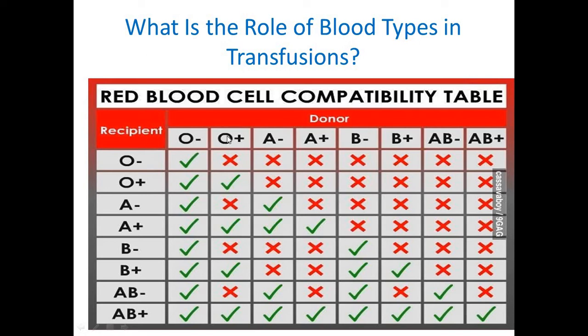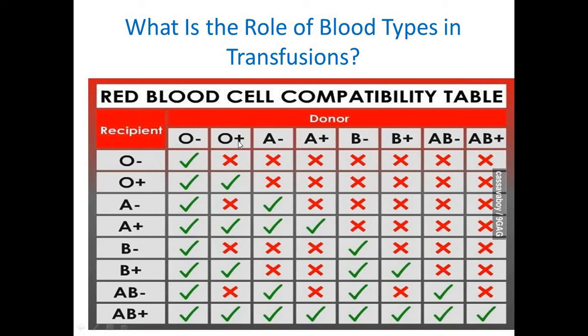Now, here, the other person has type O blood cells and carries Rh factor, and cannot give to another type O negative. Why?